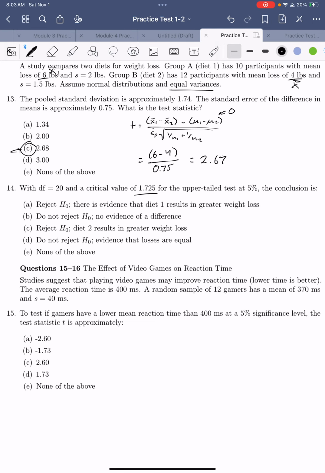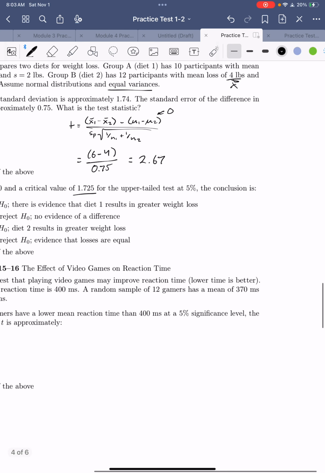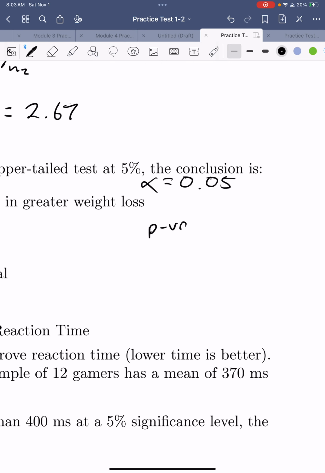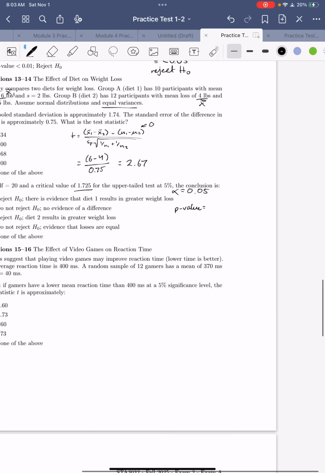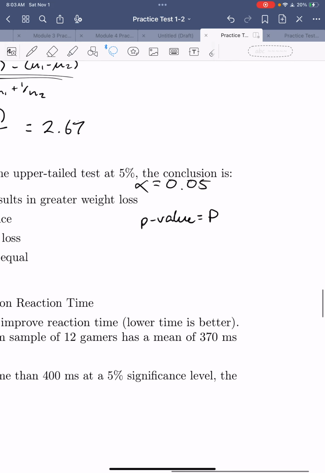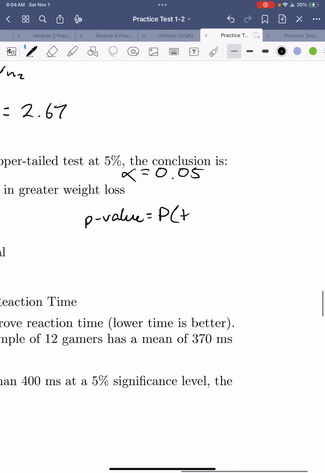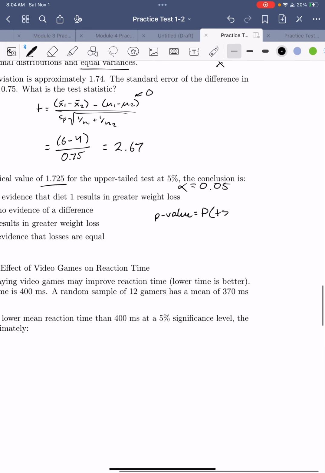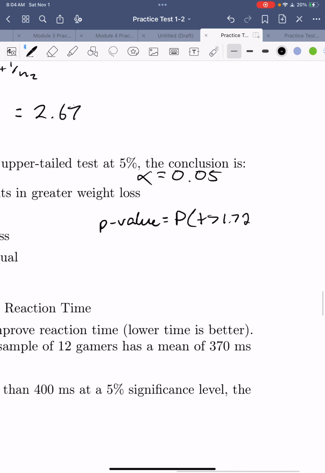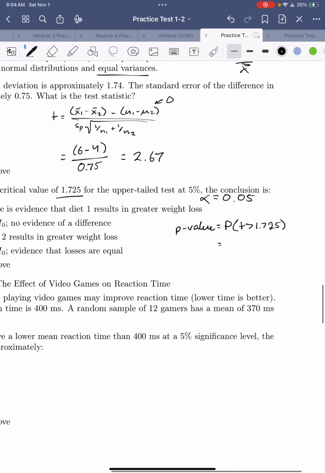They said it's an upper tail test, and we're using 5%, so our alpha is 0.05, and our p-value will be the probability that t is greater than 1.725, and we can look at our t-table for this.